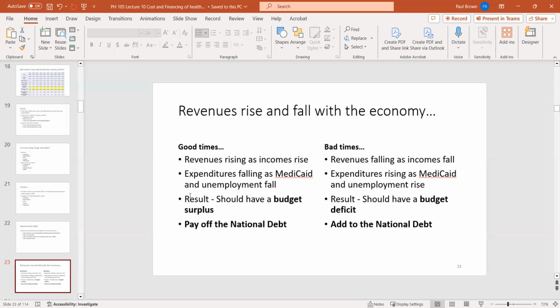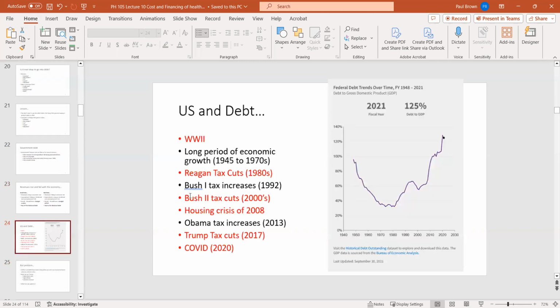So what you should see is a cyclical nature whereby if we're in an economic boom, the government is in a surplus, and if we're in an economic recession, then the government should be running a deficit. What you see though is that this is the federal debt over time. Basically, it was going down, down, down.